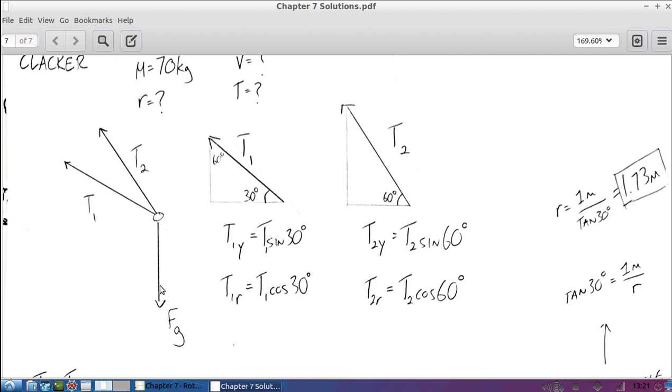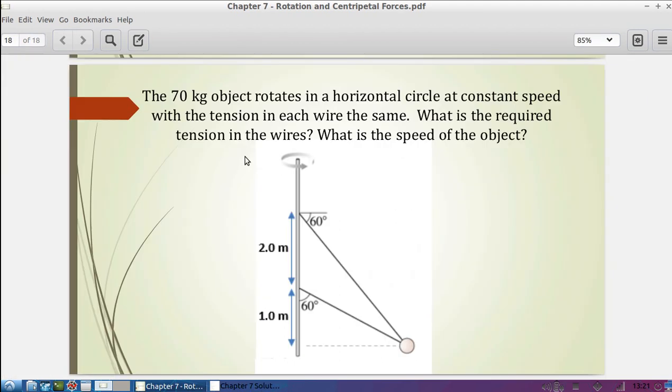So I've got gravity. I have to account for gravity. There's gravity acting in the negative y direction, and then I've got T1 and T2 acting at these angles. Now T1 is acting at an angle of 30 degrees. How did I figure that out? So I took this line right here, T1, and I made a right triangle with this line, T1, and this 1 meter long section right here.